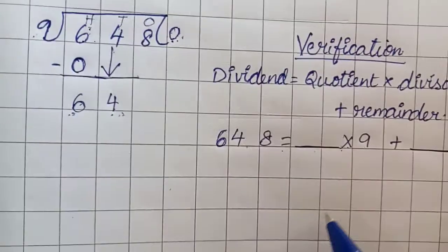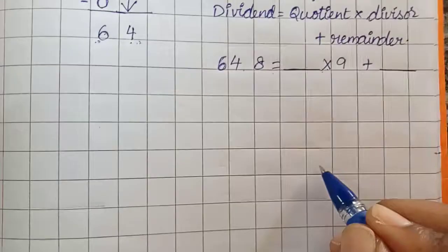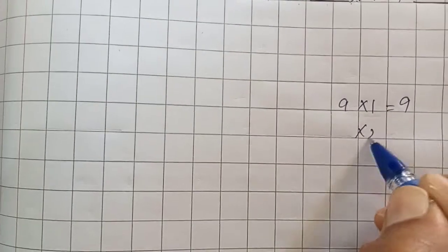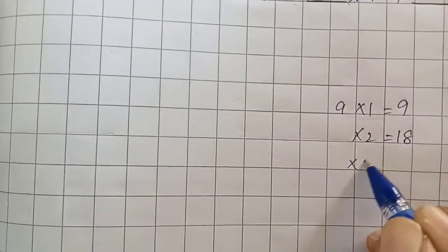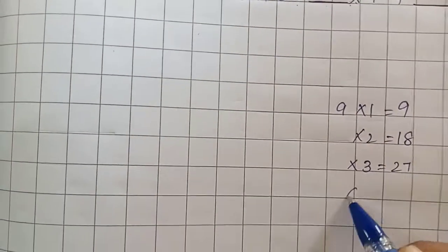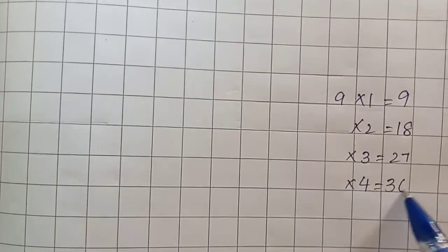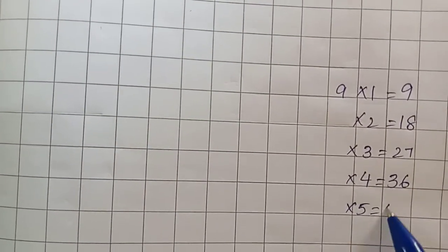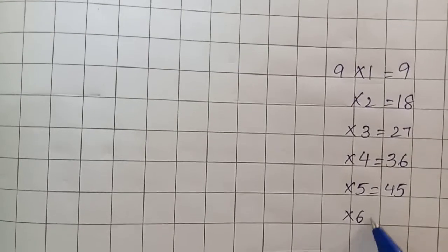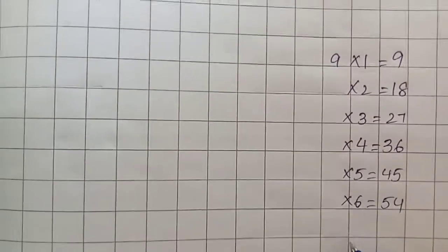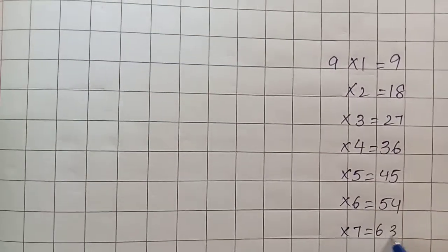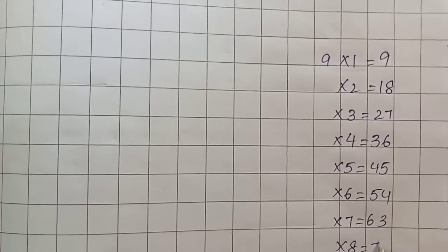Now start the 9th table. We will write here otherwise. 9 ones are 9, 9 twos are 18, 9 threes are 27, 9 fours are 36, 9 fives are 45, 9 sixes are 54, 9 sevens are 63, 9 eights are 72, right?